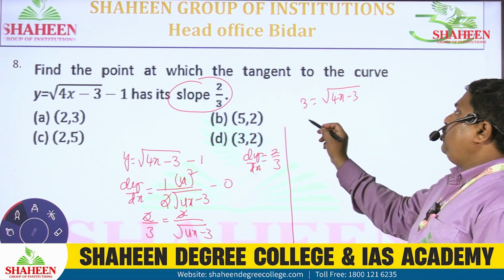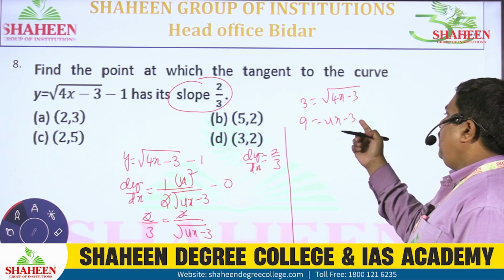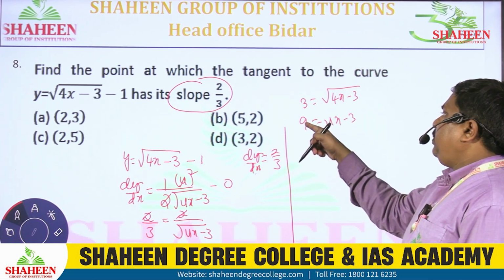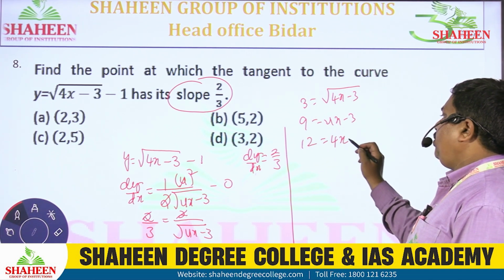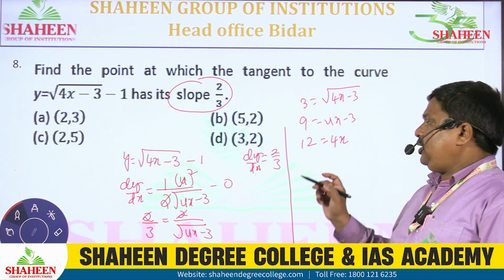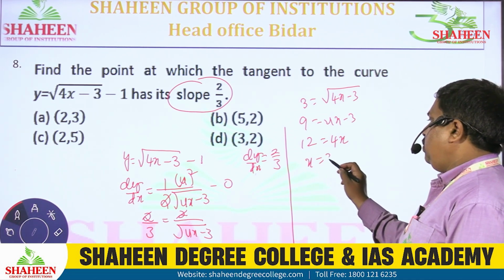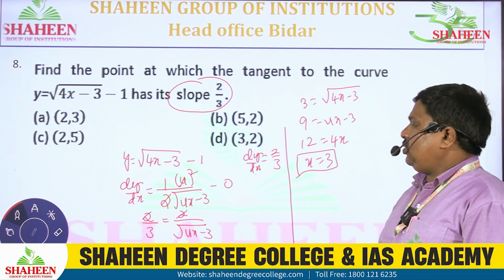On squaring both sides, 9 is equal to 4x minus 3. Taking minus 3 to the LHS, it becomes plus 3. 9 plus 3 is 12, so 12 is equal to 4x. Taking 4 to the LHS, 12 by 4 is 3. X is equal to 3.